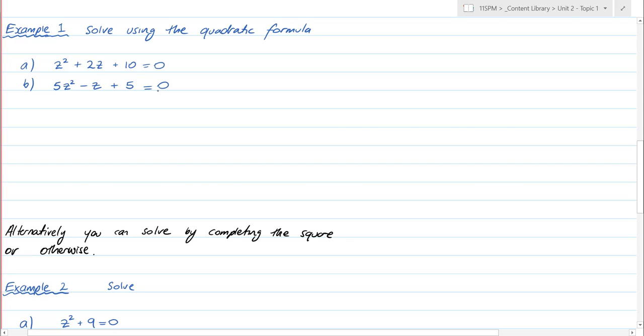Now, I wrote these a while ago. I'm assuming they work, but they should probably give us complex solutions. So keep that in mind. So here, for A, the quadratic formula is that z is equal to -b plus or minus the square root of b squared minus 4ac over 2a.